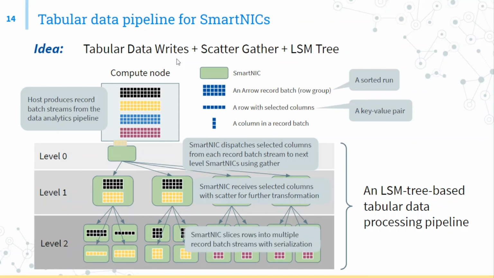If in some cases row-based slicing is needed to separate the key space of record batches and distribute them to multiple SmartNICs at the next level, the SmartNIC can independently slice rows and serialize each row group for transferring without relying on the host, unless complex operations are needed. In this way, we can construct an LSM tree-based tabular data processing pipeline for converting data from write-optimized format to read-optimized format.